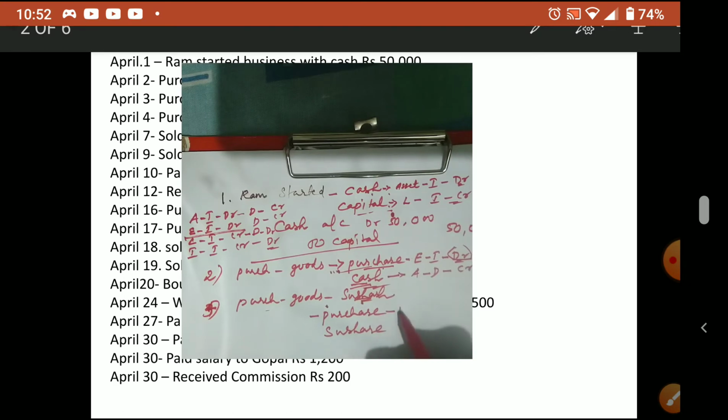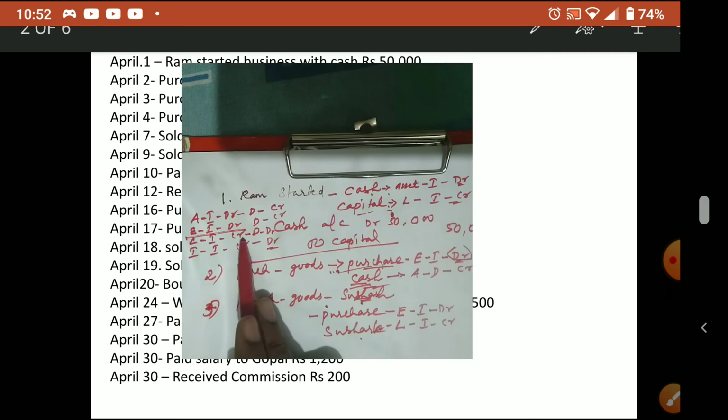So purchase is what? Expense. When we purchase, the expense is increased. So increase, debit. Subhash is the creditor. We have to pay him money. We didn't pay, that's why Subhash's name is written. We will pay afterwards, so Subhash is a liability for us. Liability increase, credit.